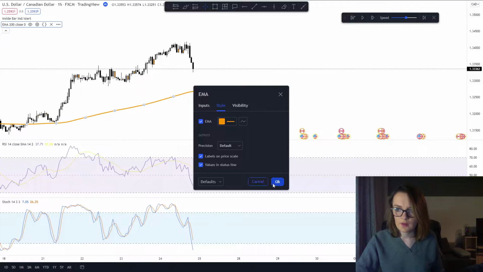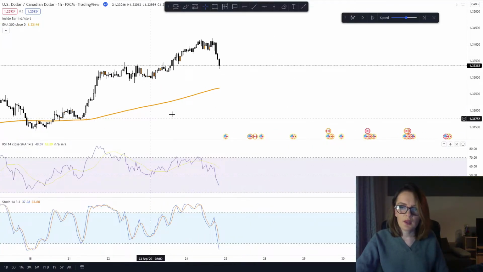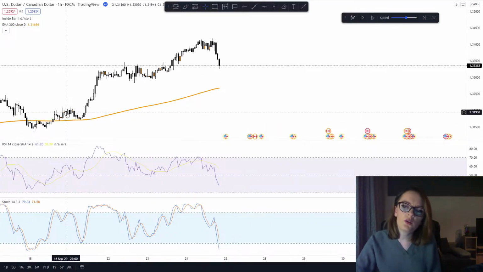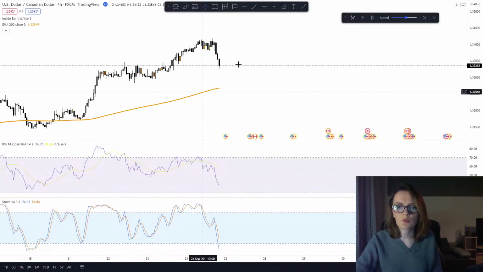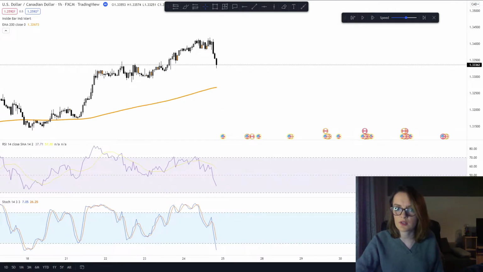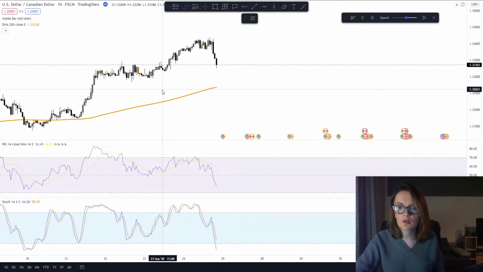Okay, so this is the setup, and now we will look only for bullish divergences when the price is above the 200 EMA, as we have the case here, and of course when the price is going down below the 200 EMA, we will look only for bearish hidden divergences. Now, as an important remark, we cannot just take a position when a divergence is formed because it doesn't guarantee us that the price and the trend will continue.